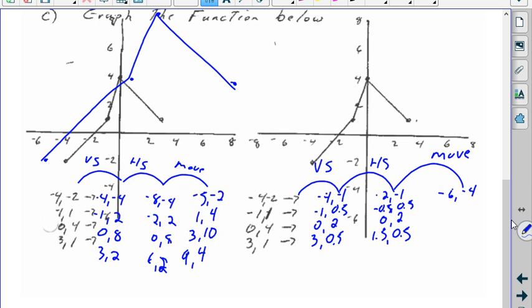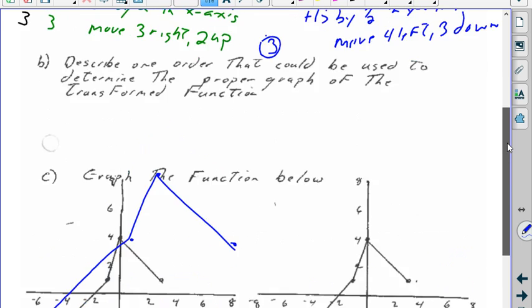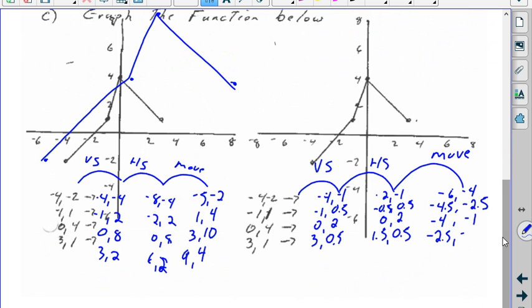-6, -4, -4.5, -2.5, -4, -1, -2.5, and -2.5 again.